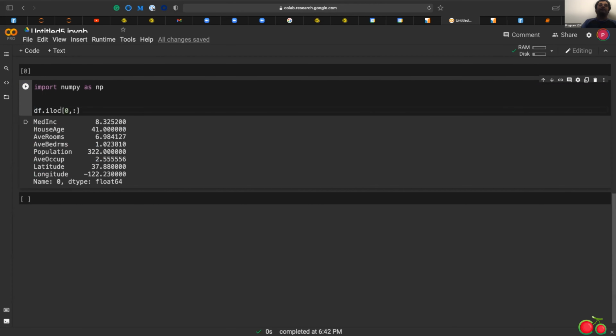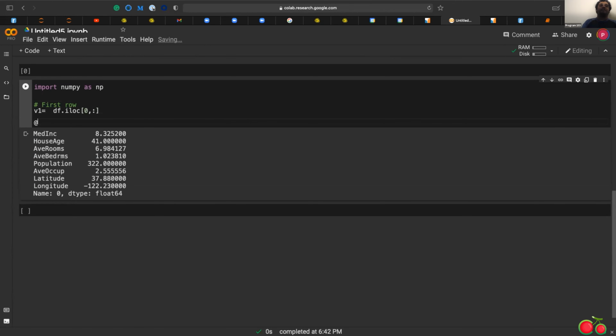So this is one way of getting the first row. This is the first row, and this can be any row. So this is V1, and let's get, say, the 10th row. How would I get the 10th row?